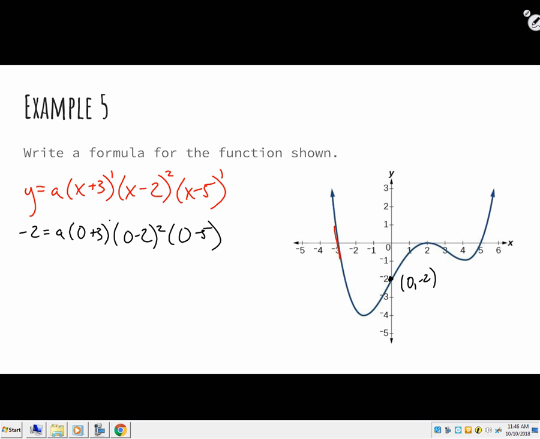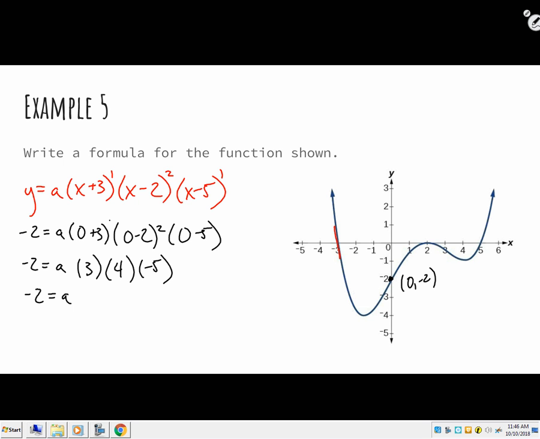You're going to find out if this thing's been reflected, vertically stretched, or vertically compressed. So the -2 is going to hang out here. All right, so I get a 3, a 4, and a -5. Oh man, -60 it looks like.